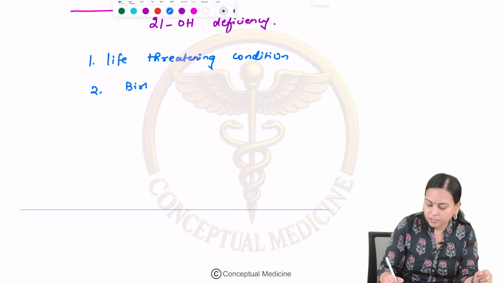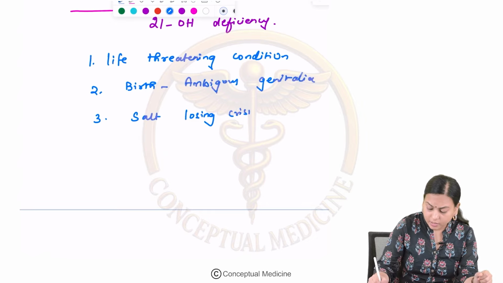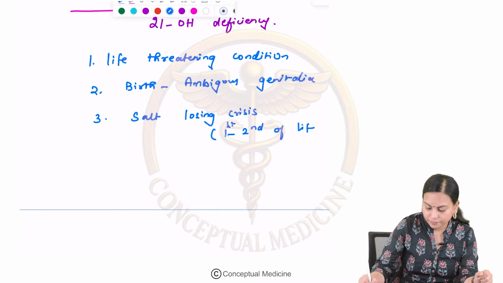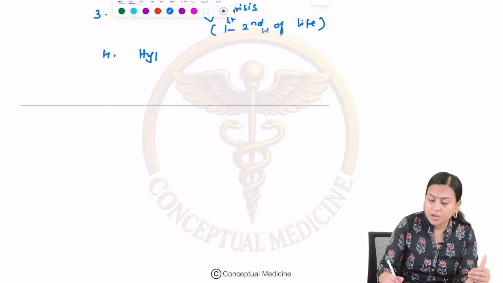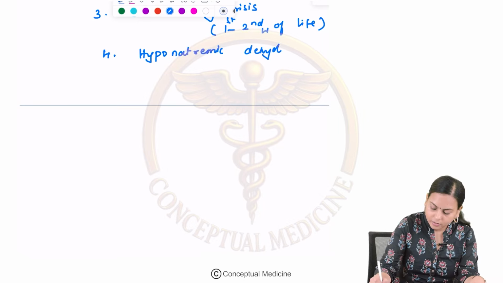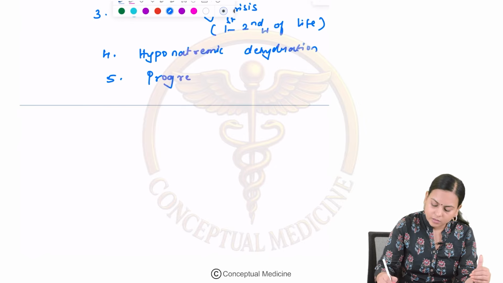At birth these people will have ambiguous genitalia. They will present with salt losing crisis, especially in the first to second week of life. That means there will be hyponatremic dehydration, and there will be progressive weight loss also.